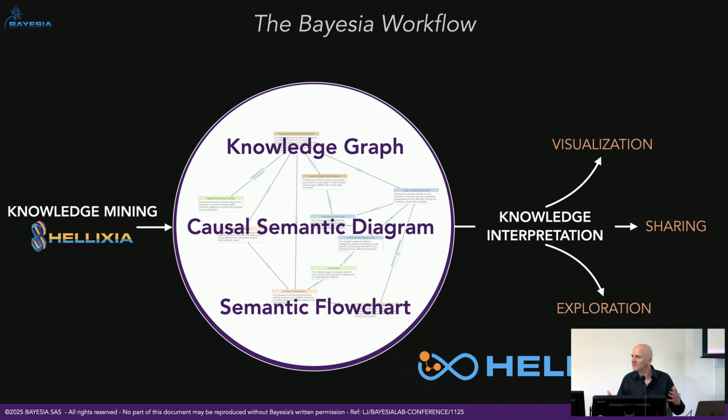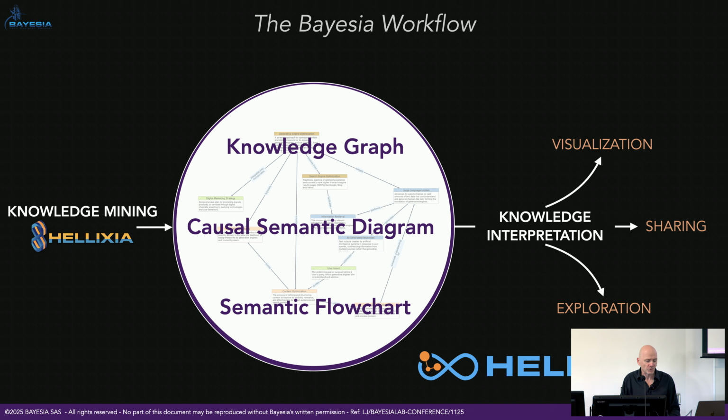So lots of different topics. Thanks to this knowledge graph and causal semantic diagram and so on, it's very easy to get an idea of the domain that you are dealing with, right? So these are, again, not Bayesian networks, but they allow you to create Bayesian networks, right?